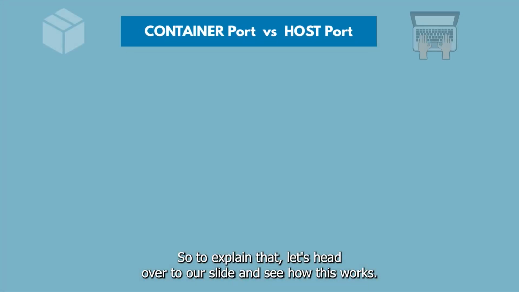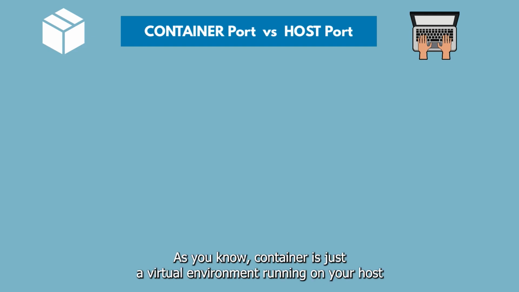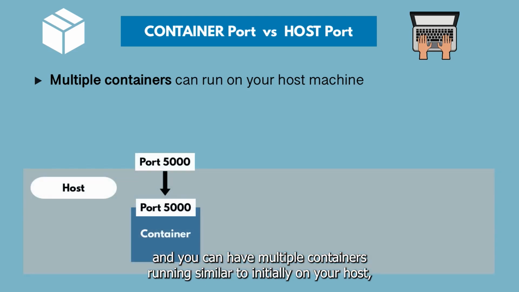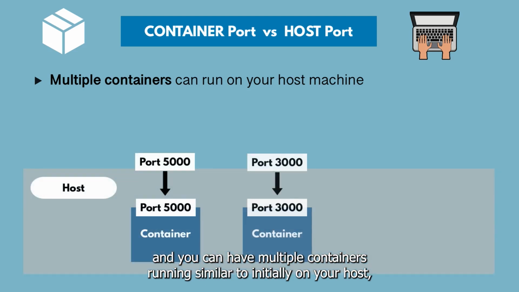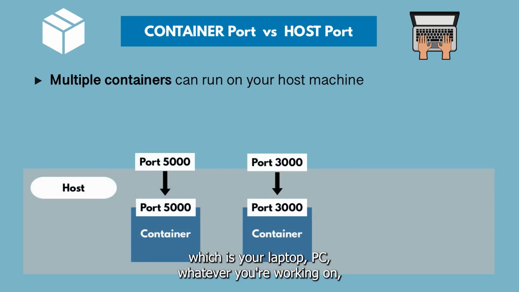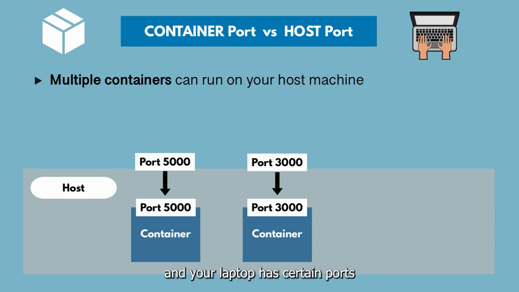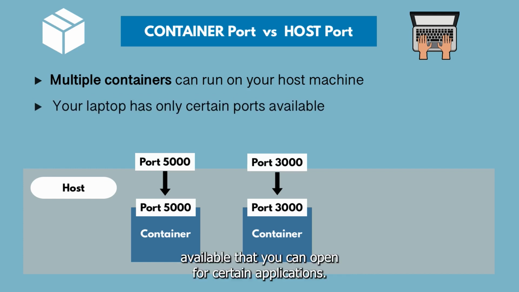So to explain that, let's head over to our slide and see how this works. As you know, a container is just a virtual environment running on your host. And you can have multiple containers running simultaneously on your host, which is your laptop, PC, whatever you're working on. And your laptop has certain ports available that you can open for certain applications.